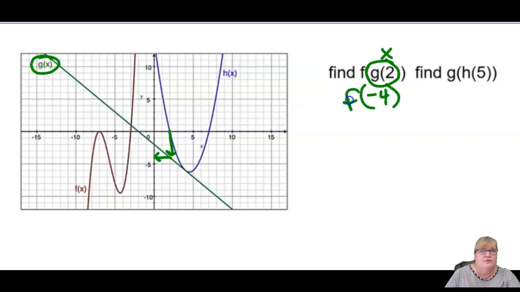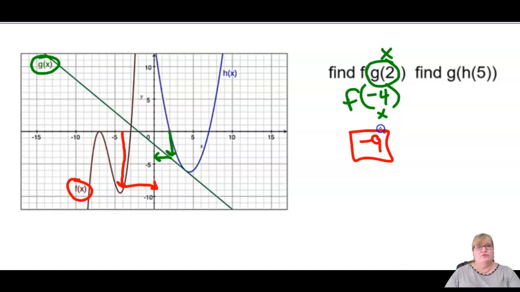Then you would put -4 in for x into the f function. The f function is red over here. If I put a -4 in, what y value do I get out? Appears to be -9.